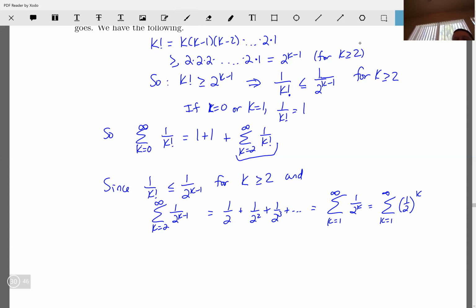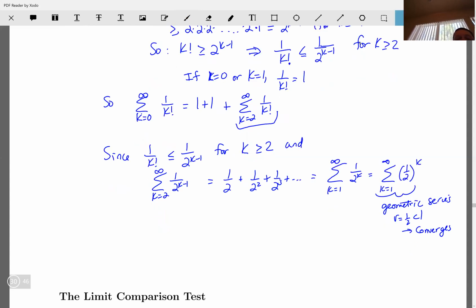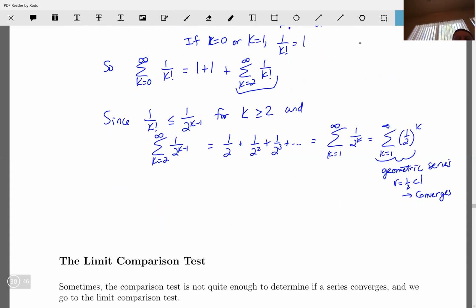And this is a geometric series. You remember those, hopefully. And r is 1/2, which is less than 1. So for a geometric series, that means it converges. Since this is true, this series converges.